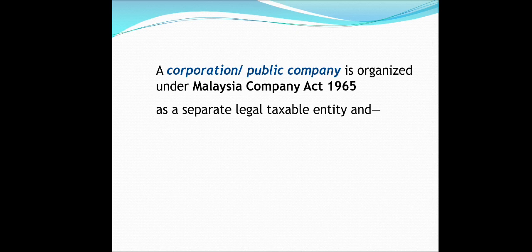Okay, in Malaysia, companies are subjected to Malaysian Company Act 2016. This one is an old one. Now we have Malaysian Companies Act 2016. A company is a separate legal and taxable entity.